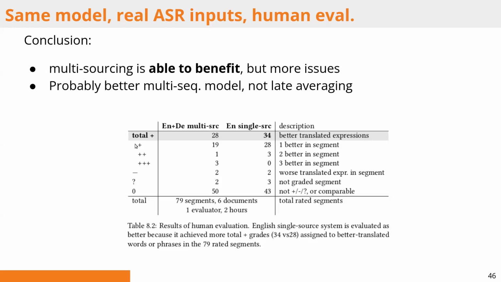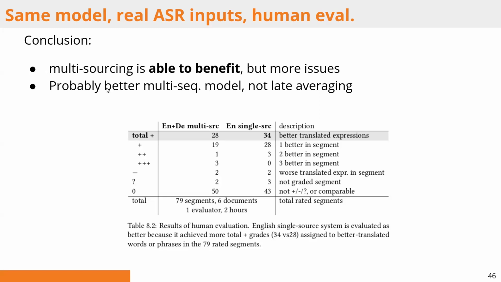The total plus is the number of occurrences in 79 sentences where we noticed something that was better than in the alternative, so a better translated expression. In the multi-sourcing model, we found 28 of such expressions. So we conclude that multi-sourcing is able to benefit, but it also brings more issues.